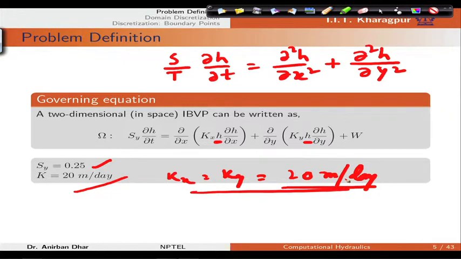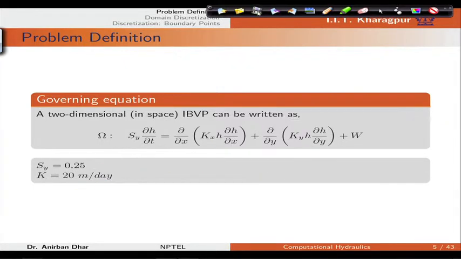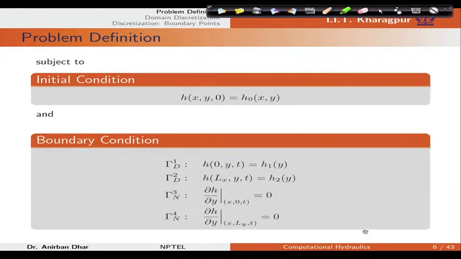Now, we need to see how we can solve this using our finite volume approach. Initial condition: again the conditions are the same as the finite difference or finite volume approach that we utilized for our confined aquifer system.